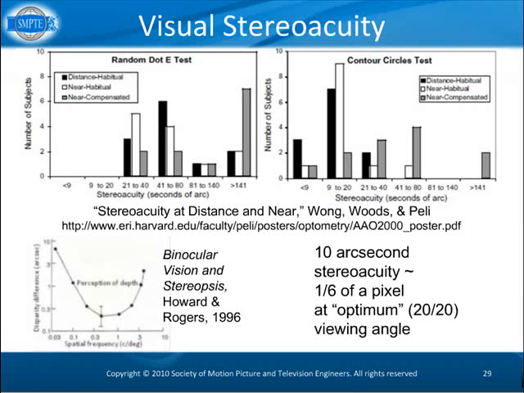You'll notice that a lot of the people, at least on the right chart, are seeing in the range of 9 to 20 arc seconds, the bulk of the people. And even in the top chart, most of the people are seeing within about 60 arc seconds, which would be 1 arc minute. So certainly our stereo acuity is no worse than our luma resolution acuity, and potentially it's considerably better.